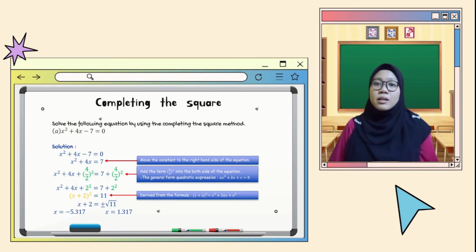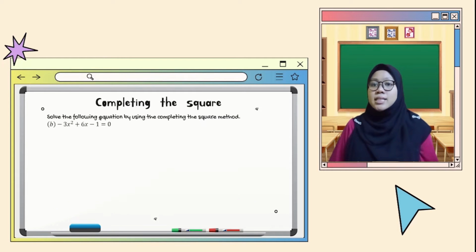For question B, we cannot directly solve the equation. In order to use the completing the square method, we must make sure that the coefficient of the highest degree, 2, must be 1. In this case, the coefficient is negative 3. Therefore, we must eliminate the coefficient by dividing the equation by negative 3.